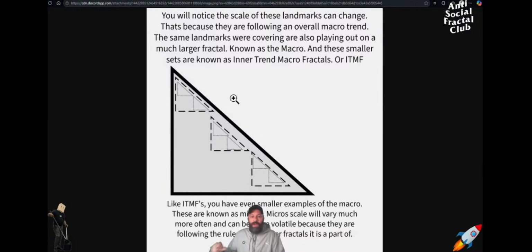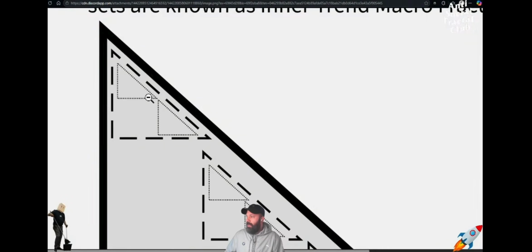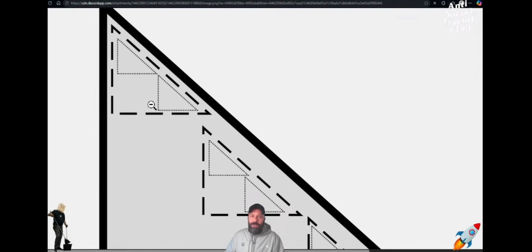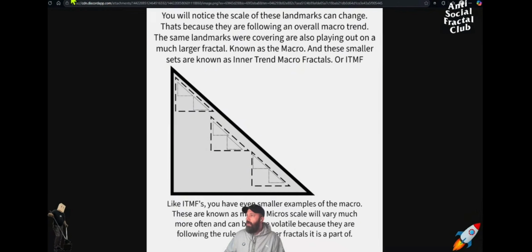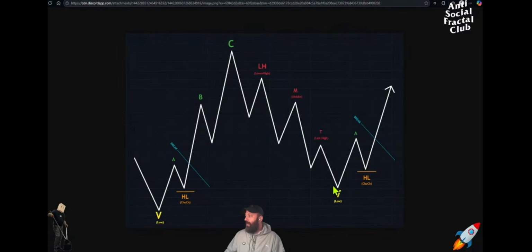Those are not quite micros, but they are within the hierarchy of a macro. I relate these in what I call January cycles, a yearly cycle of landmarks that every pattern goes through. And then you have micros. Micros would be these really small dotted ones. These are the ones that you see on multiple small time frames, the 1 minute, the 1 hour, all these different time frames. Boom, there's the models. So if I say a C top, or if I'm saying a V bottom, this is how that relates. It's relating to the basic landmarks.